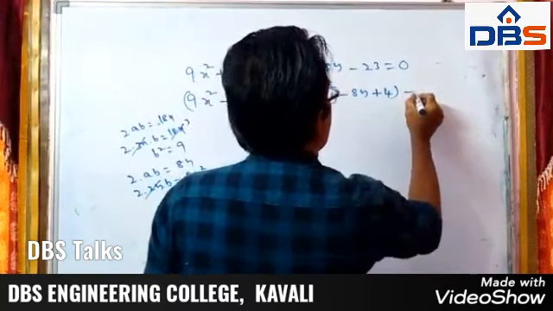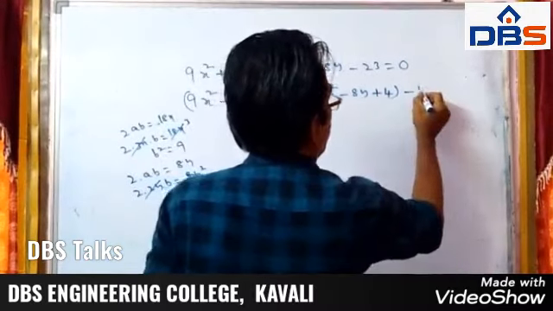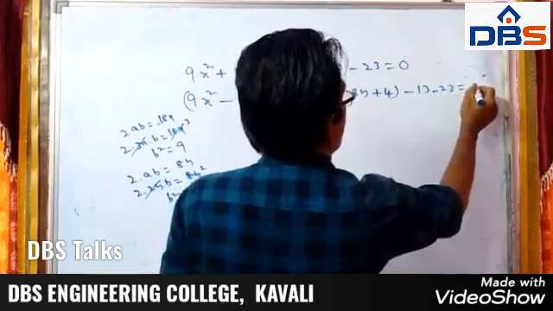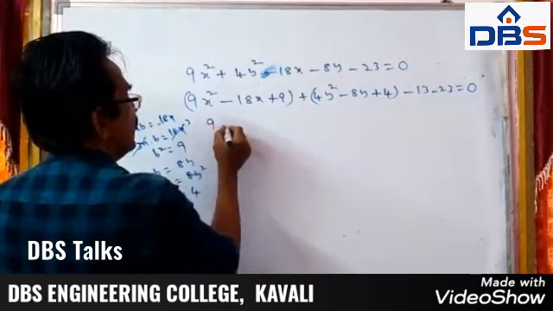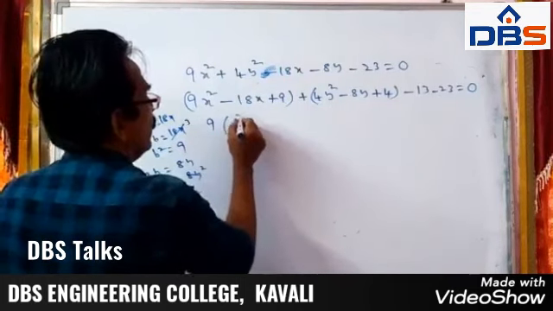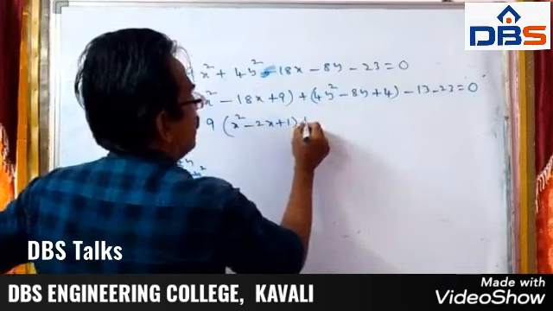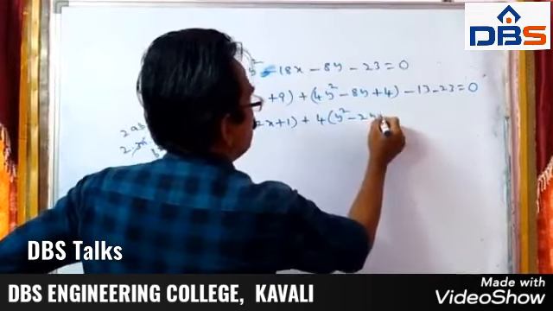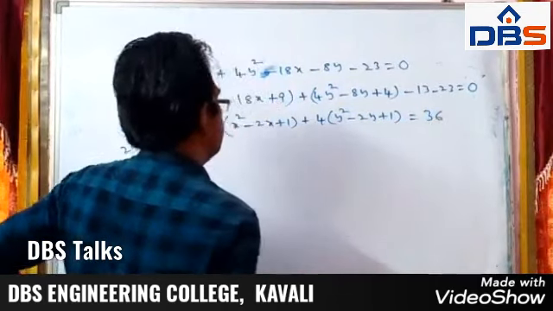We add 9 plus 4, so we have to subtract 13: minus 13 minus 23 is equal to 0. This is 9 into (x square minus 2x plus 1) plus 4 into (y square minus 2y plus 1) is equal to 36.